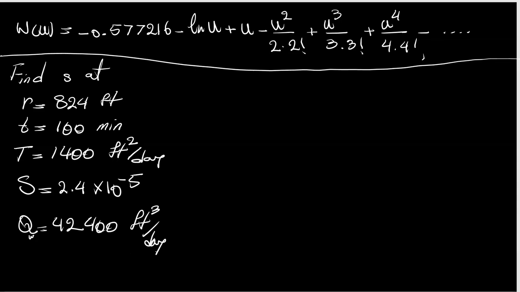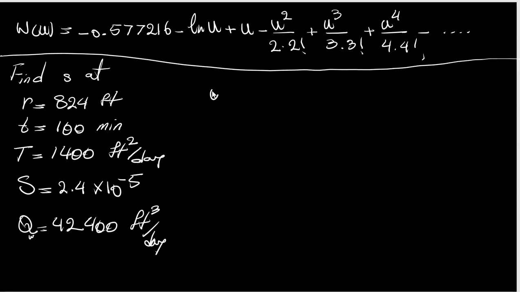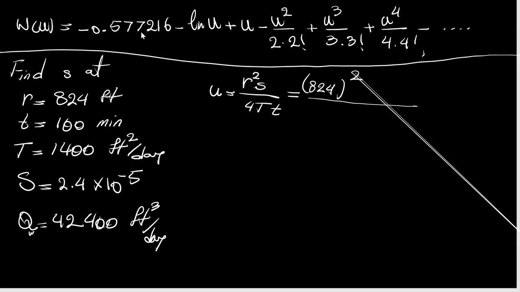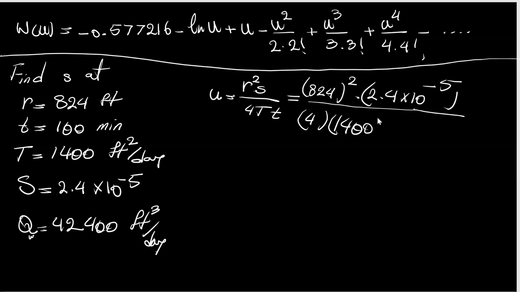First, I need to find u. If you look at the u equation, it says r squared S over 4 T t. So u is r squared S over 4 T t. Technically, r squared will be 824 to the power of 2, times the S, which is 2.4 times 10 to the negative 5, divided by 4 times 1400.